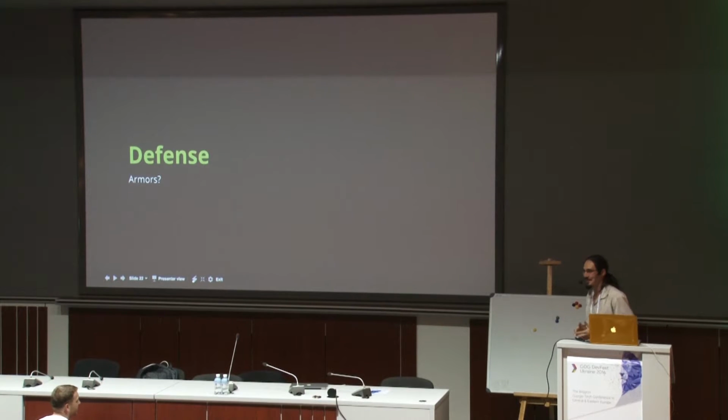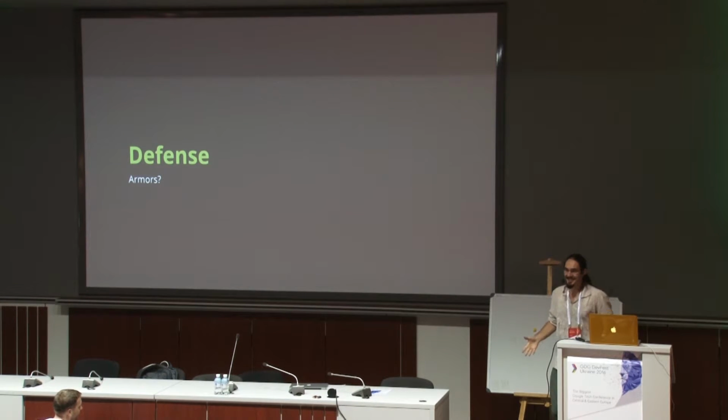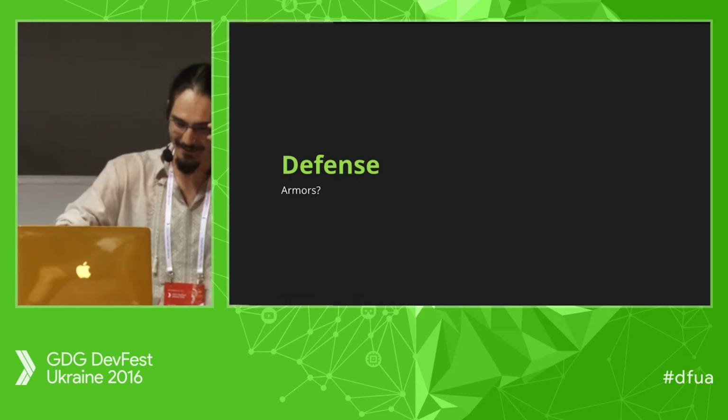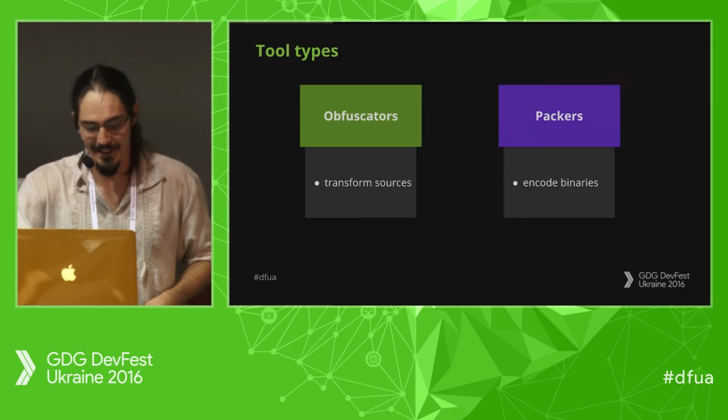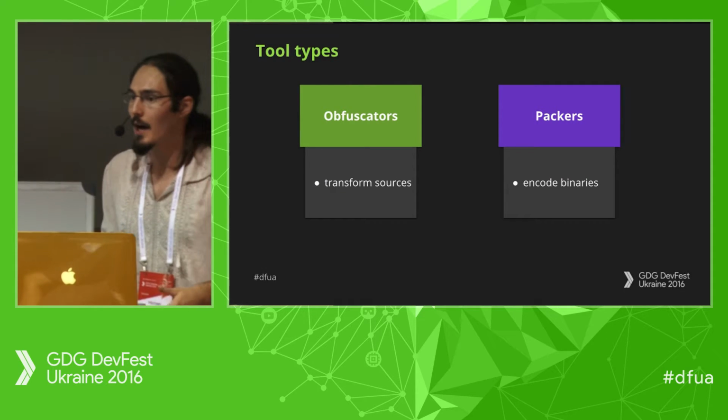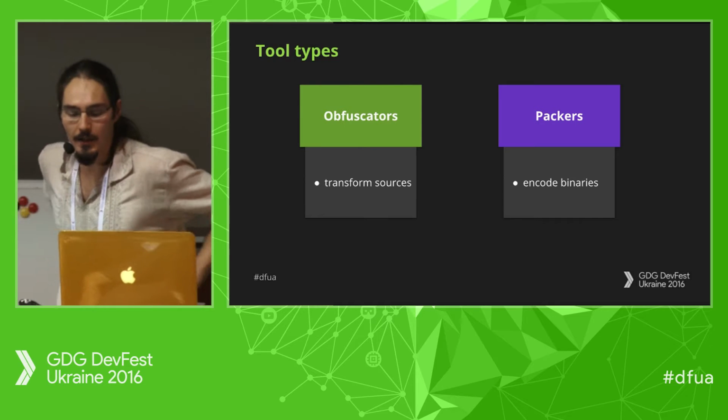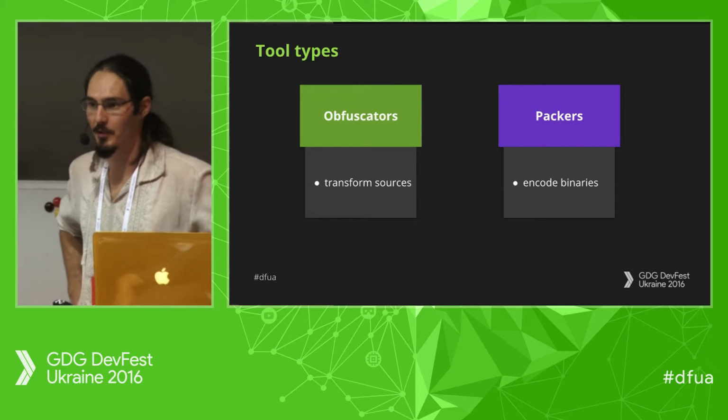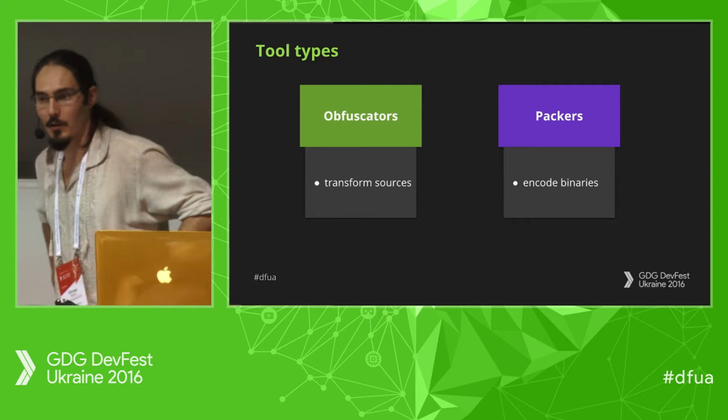So what we can do to make this harder? Some errors with real application, yeah? Maybe it will definitely not be so easy. But there are two main approaches for Android application protection. First one is obfuscators.